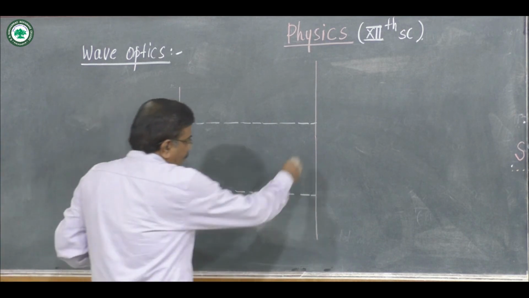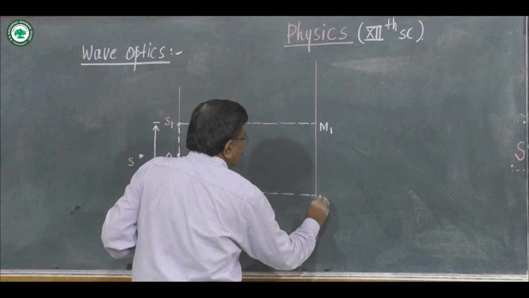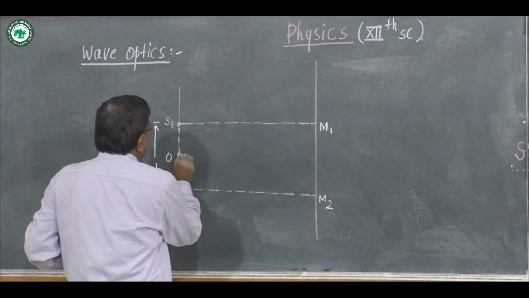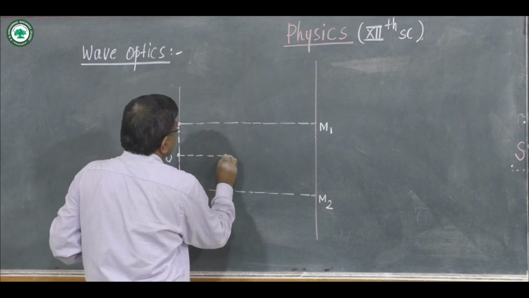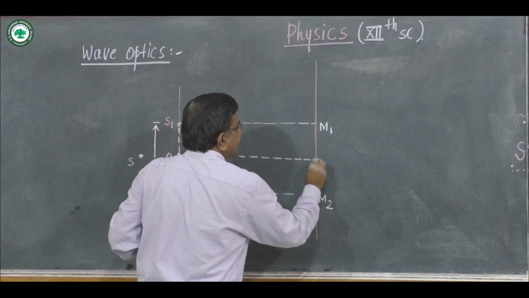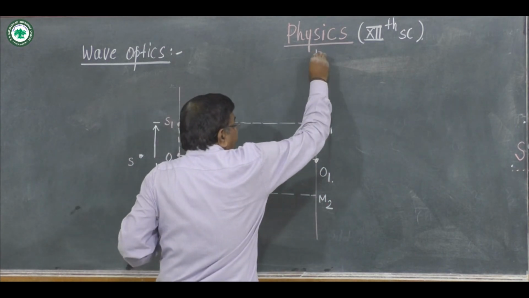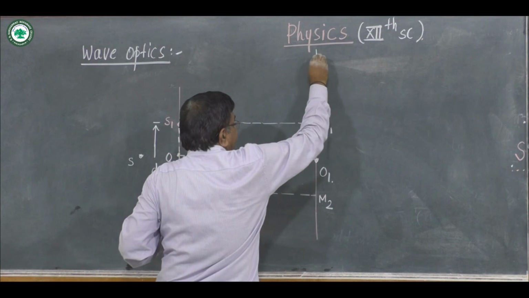S1, M1, suppose S1, S2, M2, and suppose this perpendicular is O1. This is the central point O1. We consider a point P on the screen.